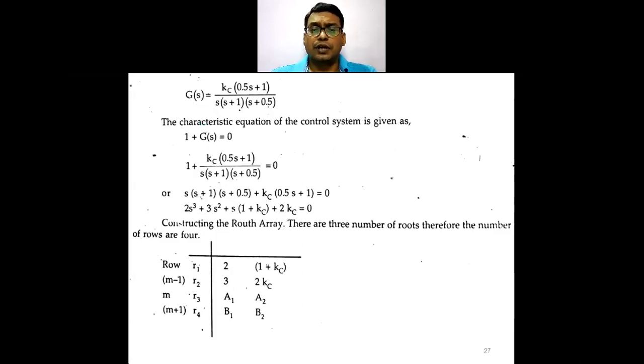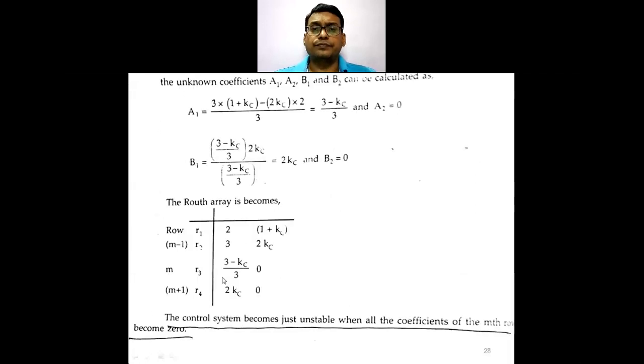A1 is calculated like this: 3 into 1 plus Kc minus 2 into 2 Kc, divided by 3. So this is (3 minus Kc) upon 3, and A2 becomes 0.